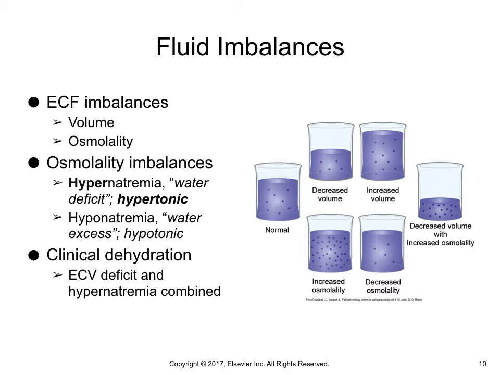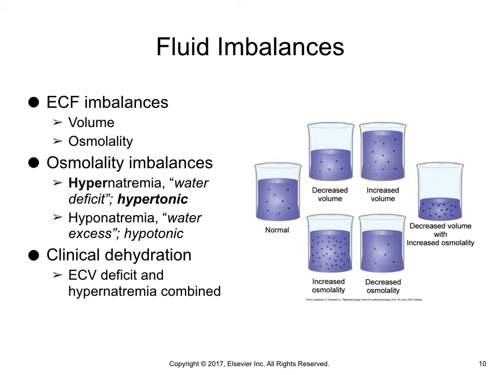In an osmolality imbalance, body fluids become hypertonic or hypotonic, and this causes osmotic shifts of water across cell membranes. Osmolality imbalances are called hypernatremia and hyponatremia. Hypernatremia, also called water deficit, is a hypertonic condition. One of two general causes make body fluids too concentrated: 1.